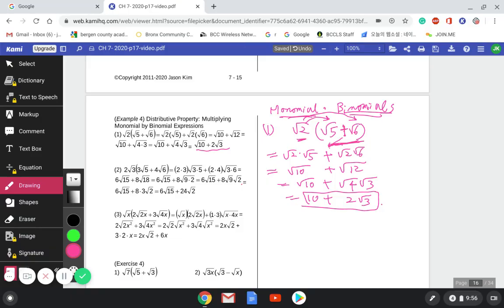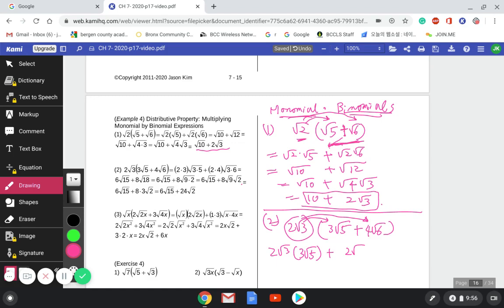Now, number 2, another example, a little more complex example of a monomial multiplied by binomial. So 2 radical 3, you multiply with the binomial, which is 3 radical 5 plus 4 radical 6. So you distribute this: 2 radical 3 times 3 radical 5 plus 2 radical 3 times 4 radical 6.